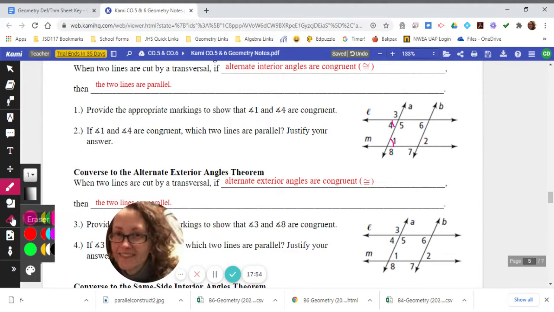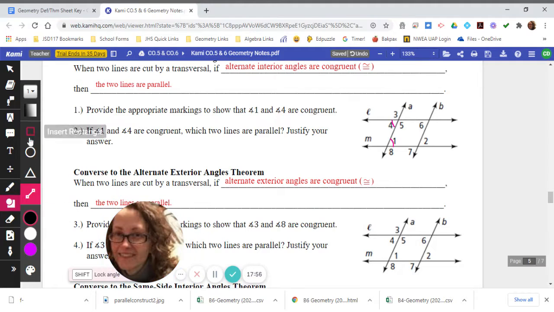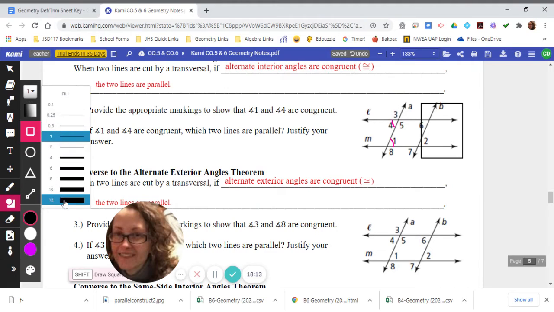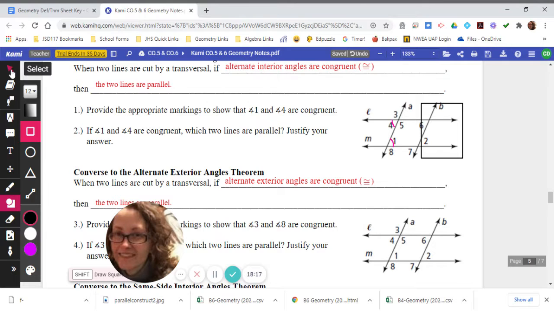Well, here's what I like to do. I like to cover up anything that I am not using. Let's get that to be much larger. So undo that one.